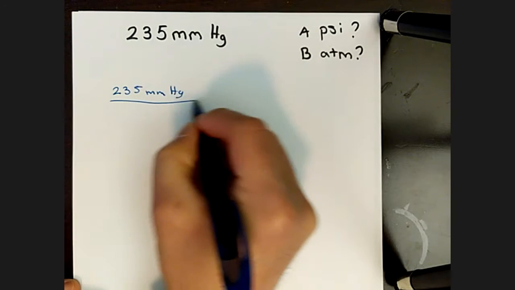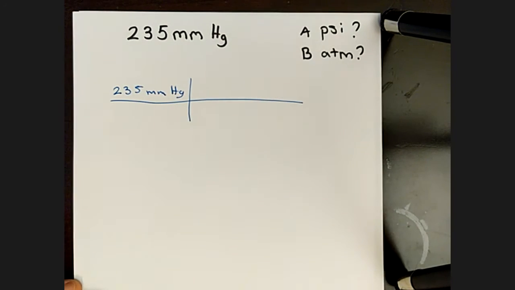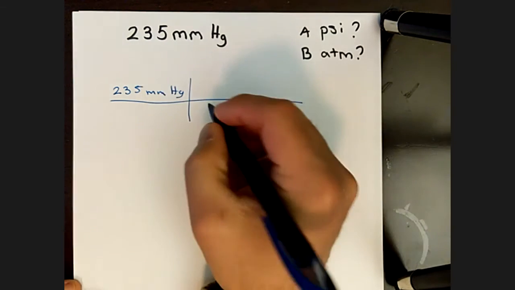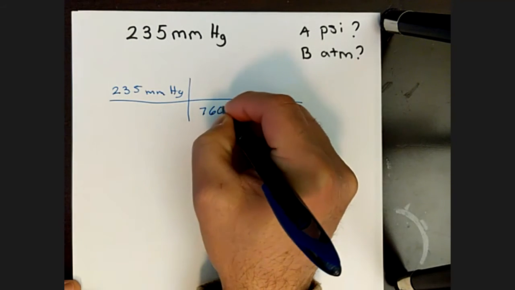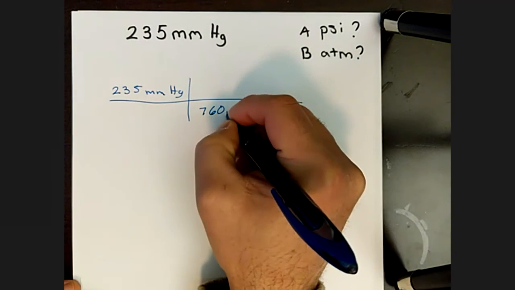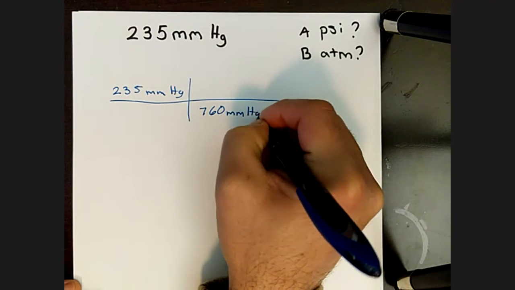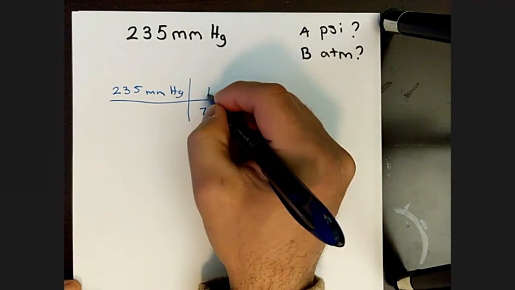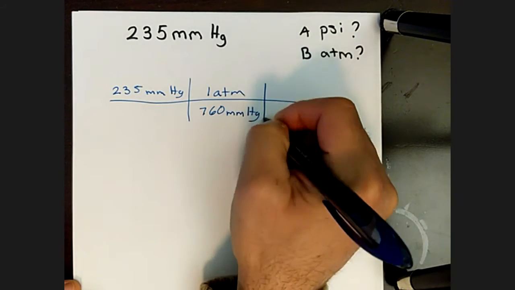Starting from the unit that we're given, for PSI, there's not a direct conversion. So your best bet, if you're memorizing the pressure units, which you probably need to, is to go to ATM first. There's 760 millimeters of mercury in one ATM, right?